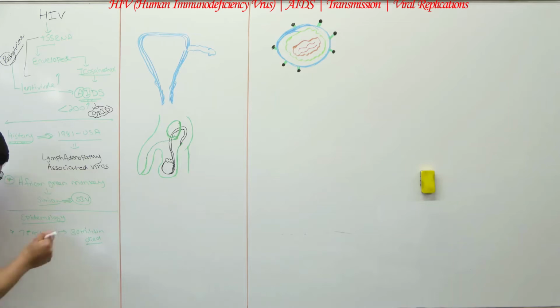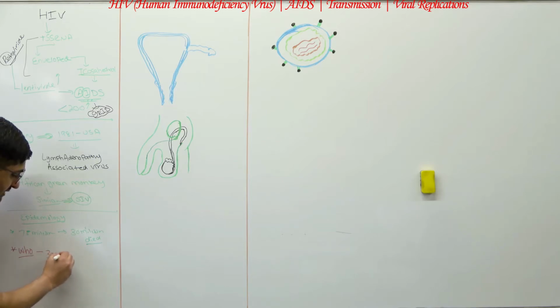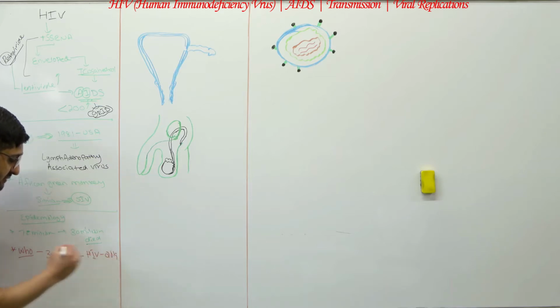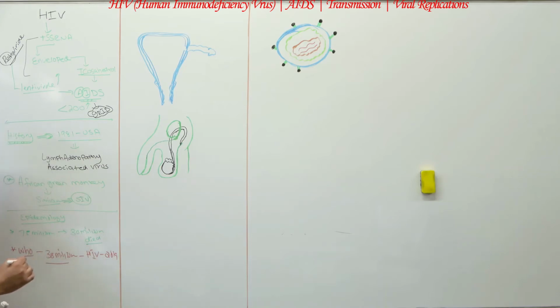Currently, based on WHO, about 38 million people are infected by HIV. This was a report from 2019.